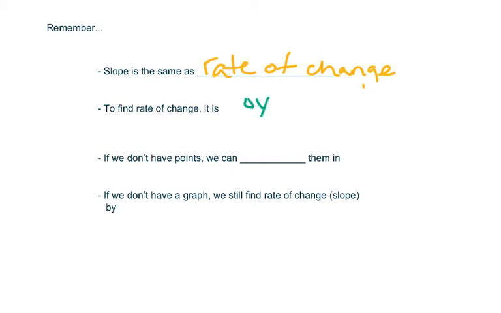Change in y divided by change in x. If we don't have points, we can draw them in, making sure that we know the numbers when we do that. And if we don't have a graph, we can still find the rate of change or the slope by the change in y divided by the change in x. So remembering all these things as we move forward.